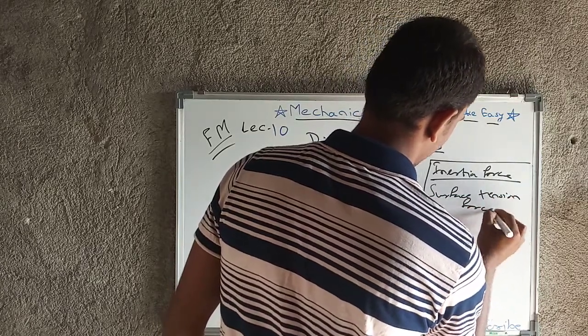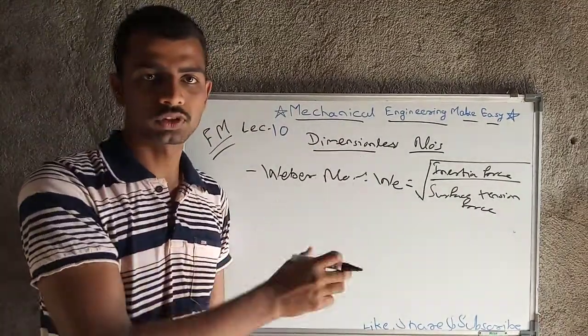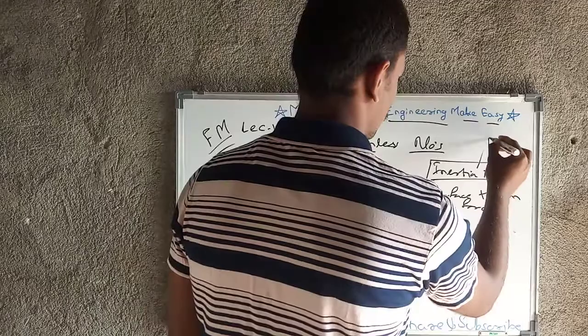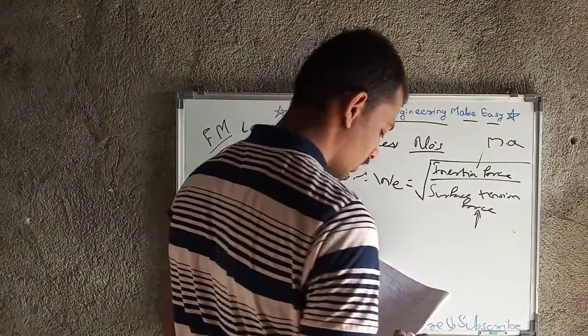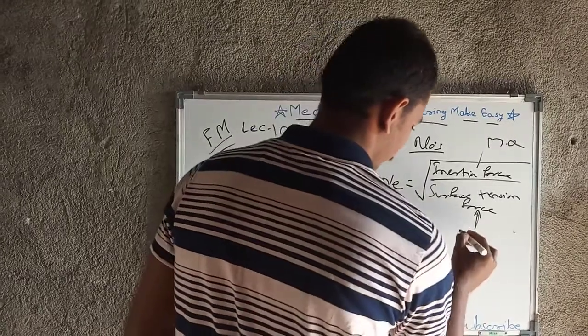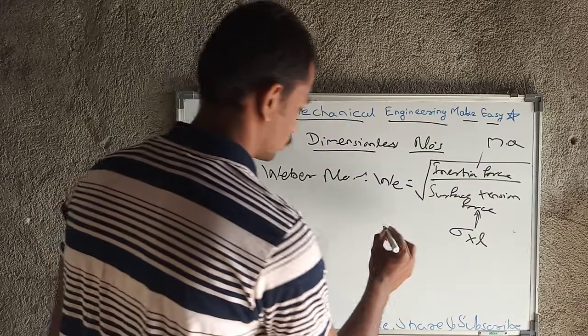Weber number is nothing but under root of inertia force upon surface tension force, and inertia force we know is mass into acceleration, and surface tension force is nothing but surface tension into length, sigma into L, that is surface tension force.